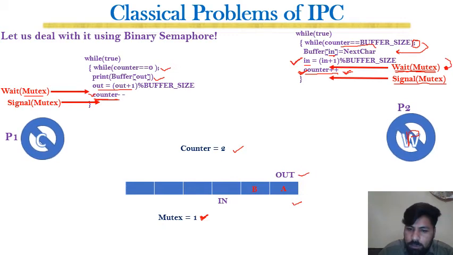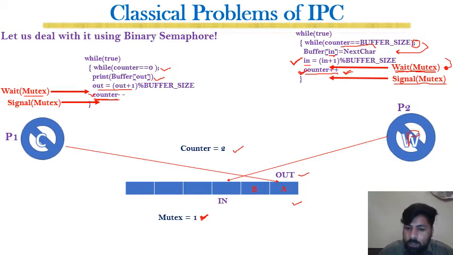Now suppose at this moment both processes P1 and P2 want to do something. P2 wants to insert some character while P1 wants to read some character. So both are happening simultaneously, and both are checking their respective conditions in the first statement, and they find that these conditions are not true.